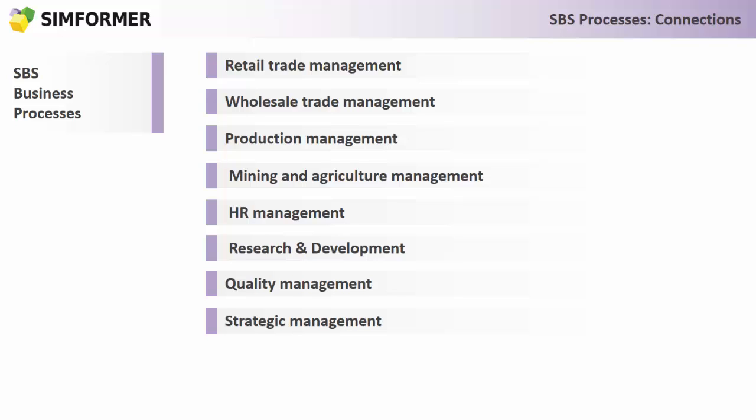There's a possibility for targeting as well as positioning. The variety of strategies you can use is pretty vast. In this case, there's a very big link between strategic management and marketing. These are the processes that are interconnected. Naturally, there are more business processes that can be found within the business simulation, but take into consideration that these are the ones most directly affected. If you want to know more about the other business processes, I recommend reviewing other tutorials as well.